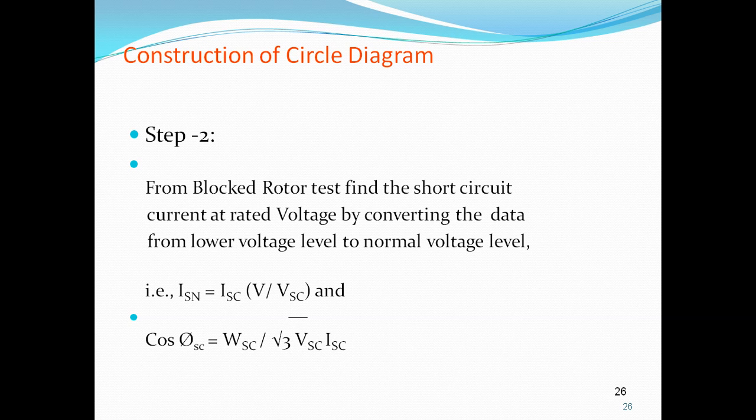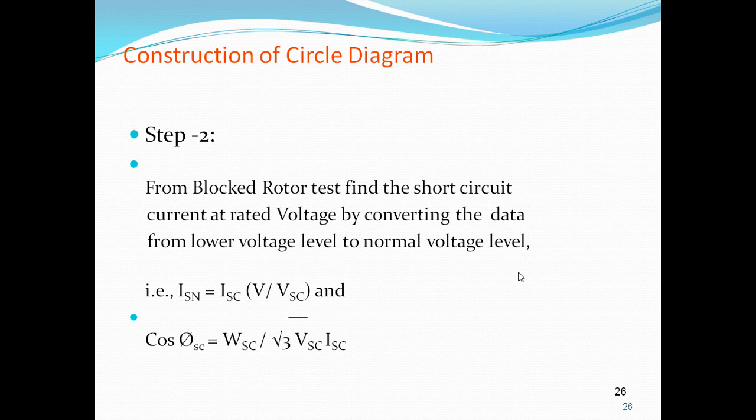So first step is we have to draw I naught, that is OA, at the angle of phi naught. Next, we have to draw the blocked rotor current. So that is ISN is equal to ISC into V by VSC.